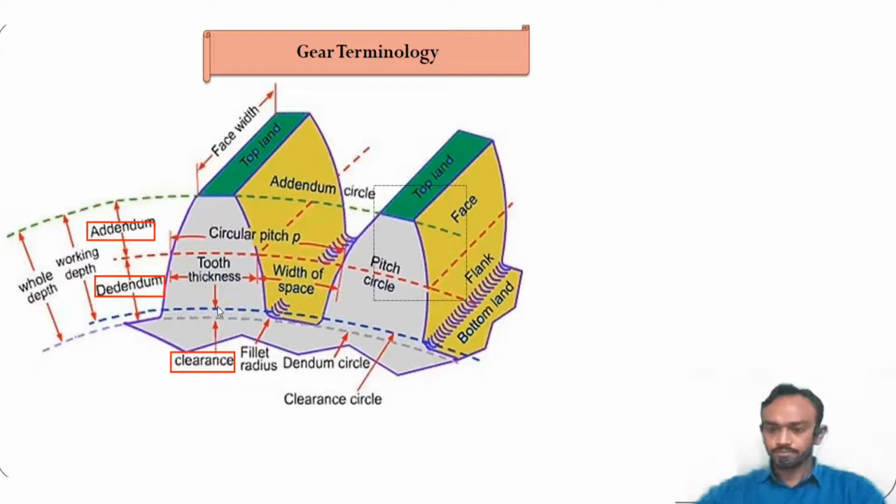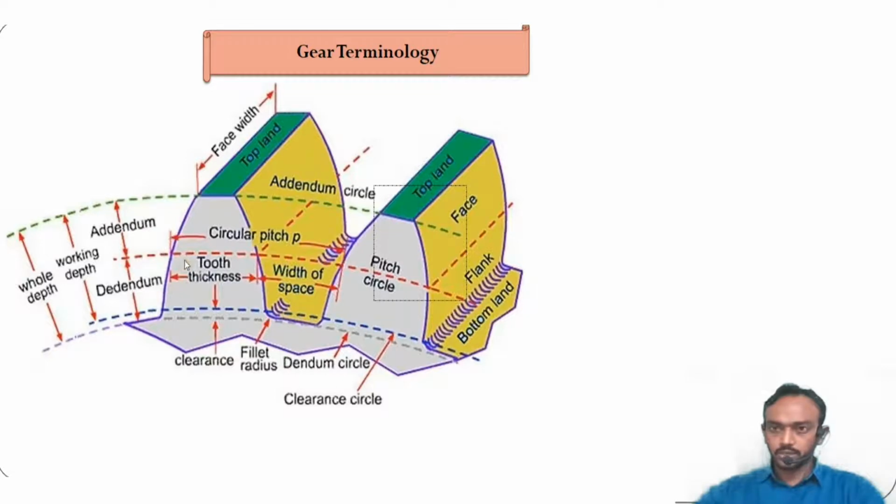And there are some new ones, total depth and working depth. Total depth means from addendum to dedendum, also called whole depth. And working depth means the teeth of the opposite gear will come up to this clearance point. So it is known as the working depth.